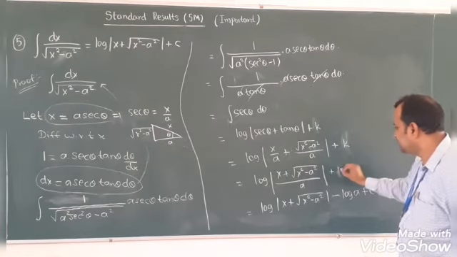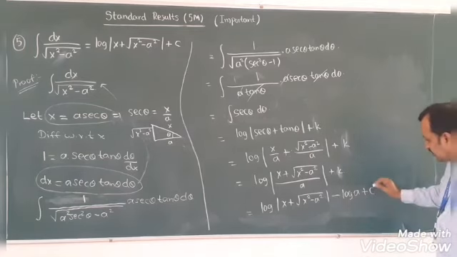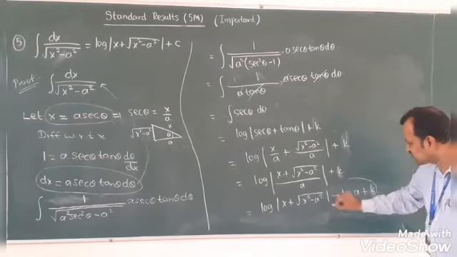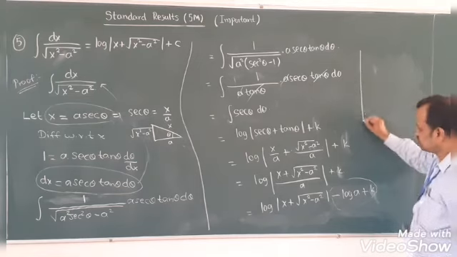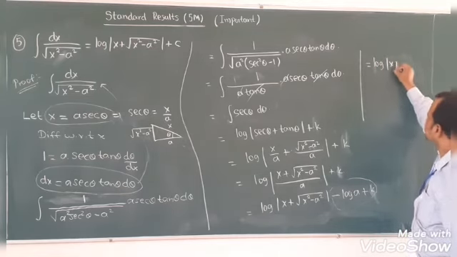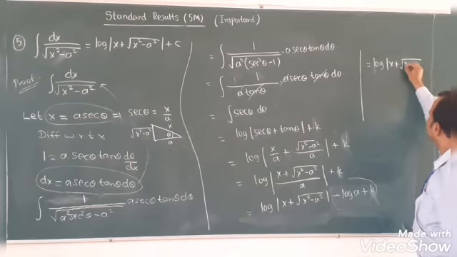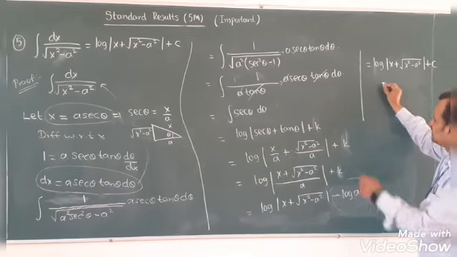Now k minus log a is constant, and constant we can write anything. So this we can write as log of x plus root over x square minus a square plus c. So this is the result which we have to prove.